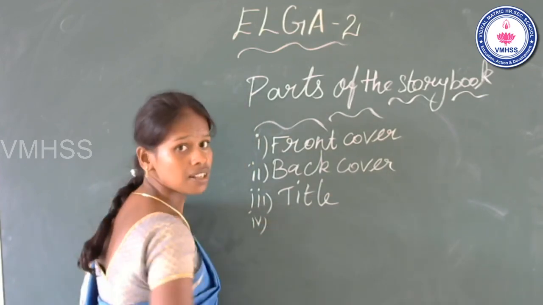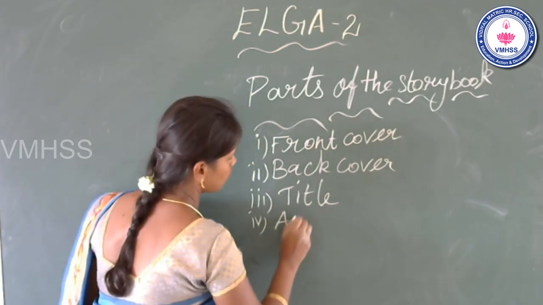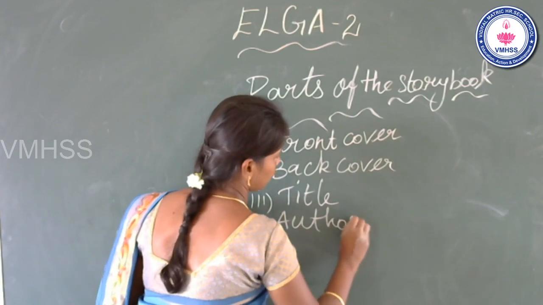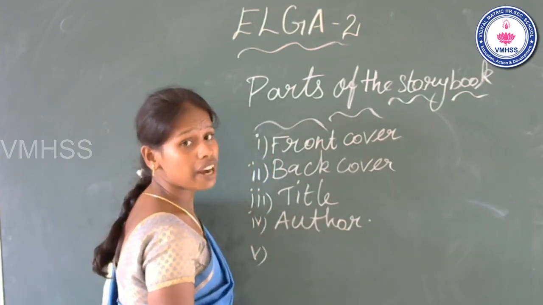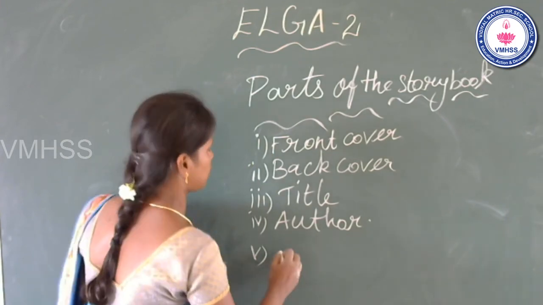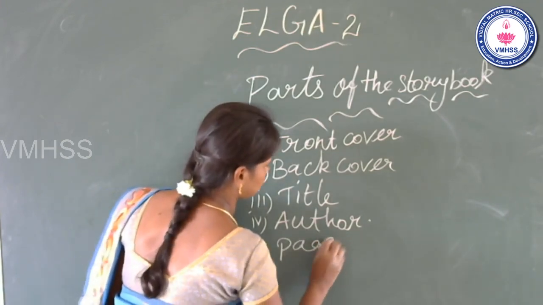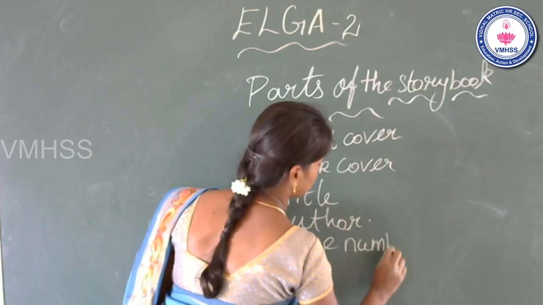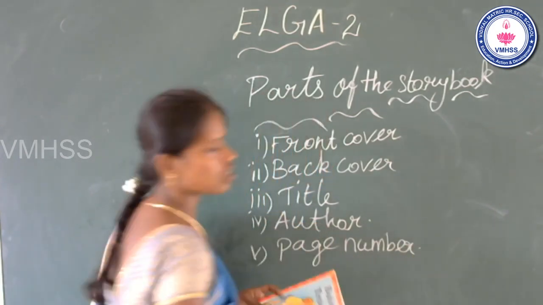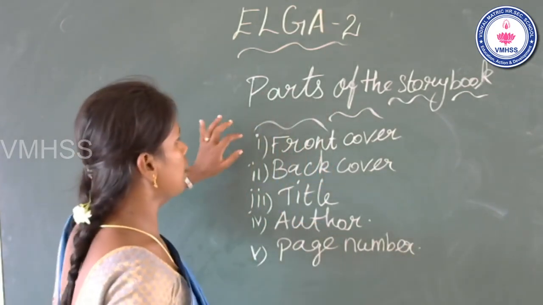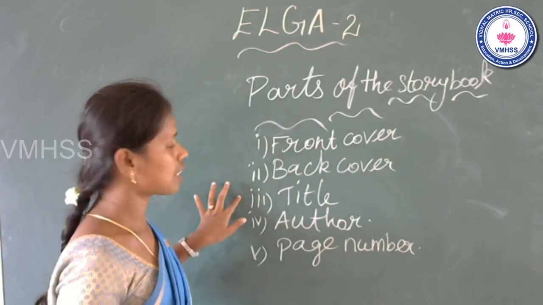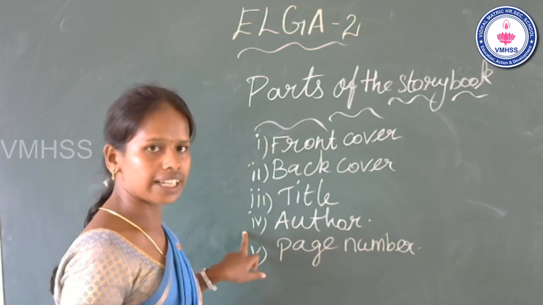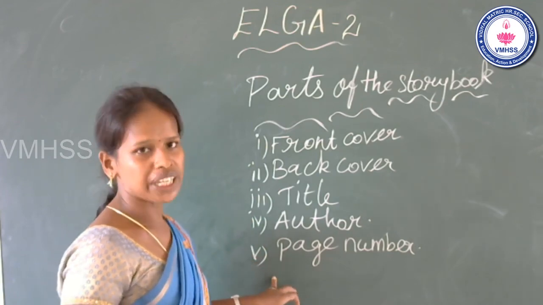Fourth one is author. Fifth one, what is the fifth one? Yes, that is page number. These are parts of the storybook. First one front cover, second one back cover, third one title, fourth one author name, last one page number.